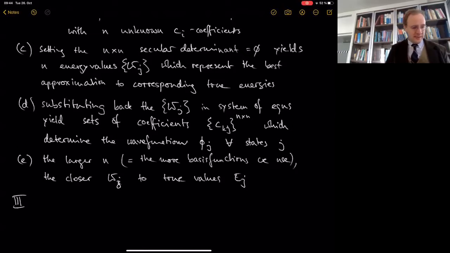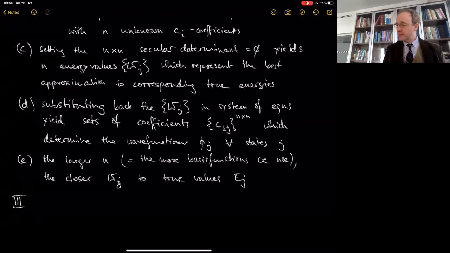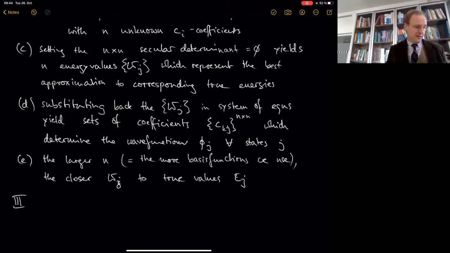So let's continue with the next subsection, which is sort of reiterating on this. This is sort of rather technical, right?